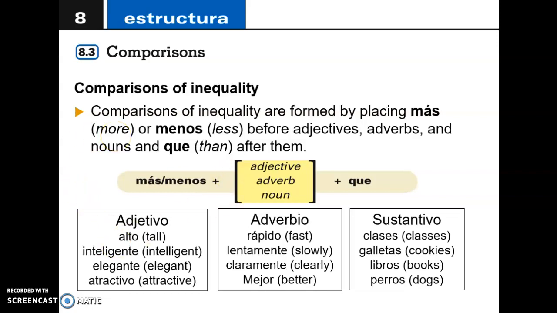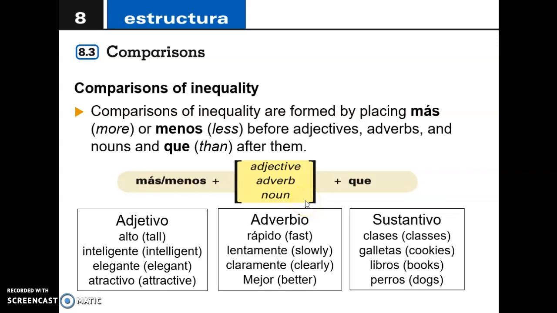So I think that it is going to be quite simple, since we only have to plug in the word más or menos, depending on what you want to say, then the adjective, adverb, or noun without any modifications, and then the word que or than. So you can say más alto que, menos inteligente que, más elegante que, menos atractivo que. Okay?